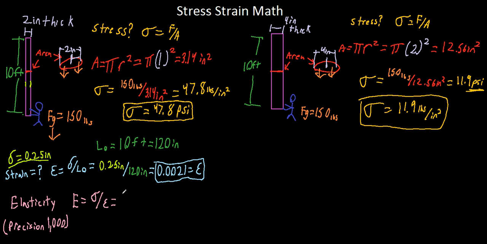We know the stress we just got was 47.8 psi in this example. And we just found epsilon, which is 0.0021. And if we plug that in, we get a little bit less than 23,000 psi. But it said round to the nearest thousand, so we're going to round up to 23,000 for the modulus of elasticity, psi.